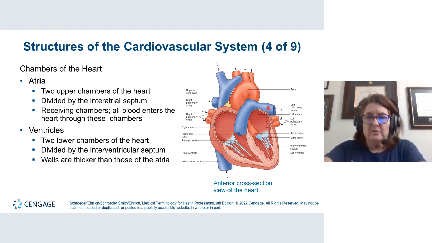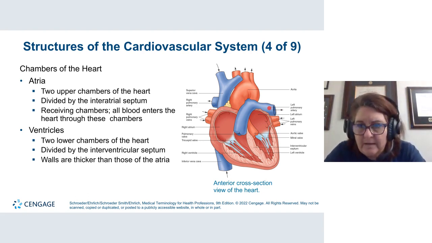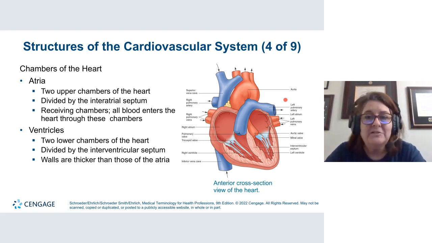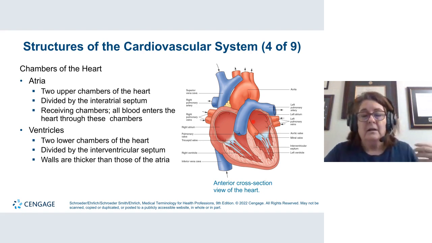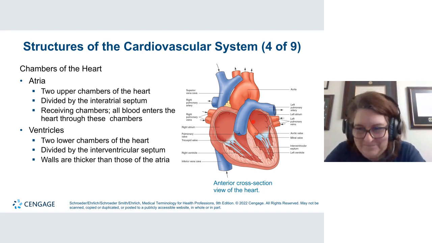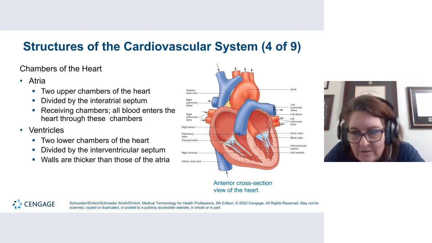Now that oxygen goes into that blood, and my blood is oxygenated because I just breathed in and put oxygen into it. So now it's going to come back into the right atrium. No, wait a minute. Left atrium.